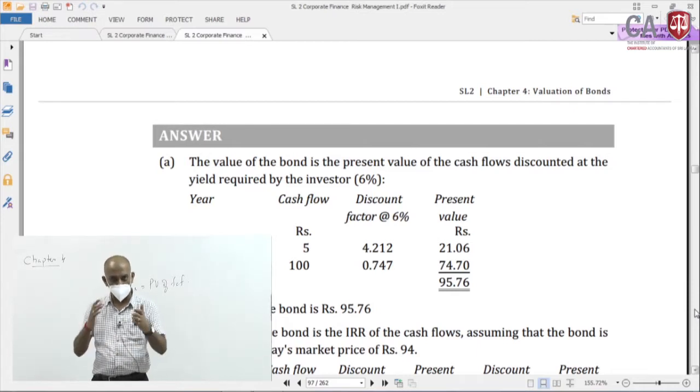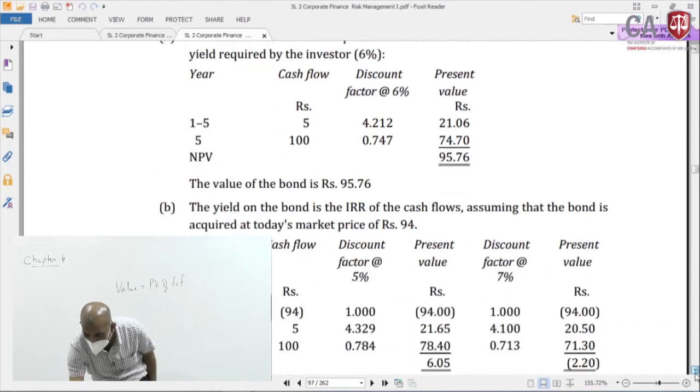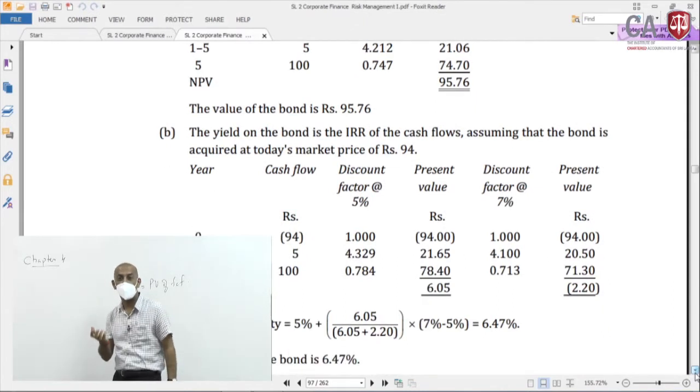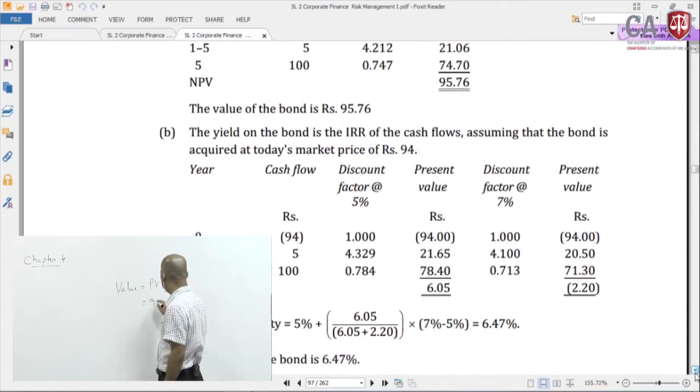Simply it's the present value of future cash flow. Future cash flows, we know how to get the future cash flow. Year 1 to 5 I get annual interest 5 rupee and maturity value I get 100. Not coupon rate 6%, my yield requirement is 6%. On that basis, my market value or the inherent value based on my cash flows, for the investor who wants a 6% return, the value is 95.76.